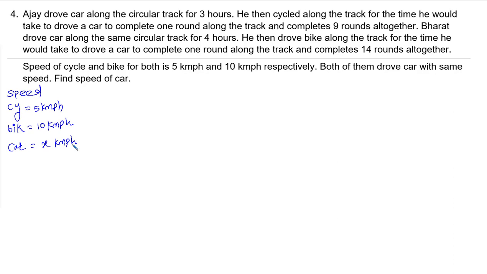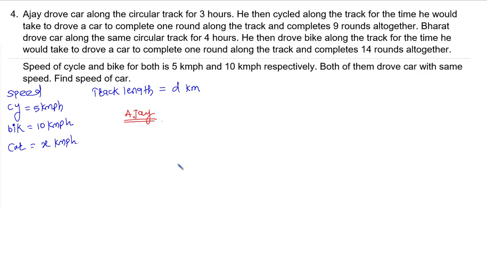And let's say the circular track length is equal to d kilometers. Okay, so now the first statement, let's talk about Ajay. Now, how many rounds will Ajay complete by using the car in 3 hours?